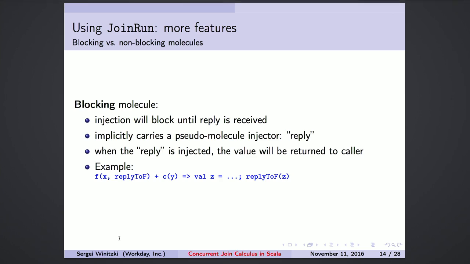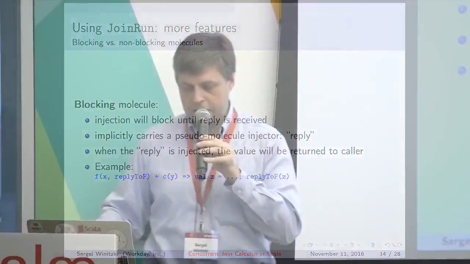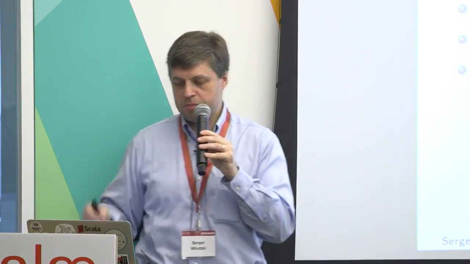You don't define it for F. It's already implicitly defined for every blocking molecule. So this reply molecule can be injected, and when it is injected with some value, that's the value you get out of the blocking call. So this is the construction that allows you to get values and wait for some reactions to happen, and then get some responses back.